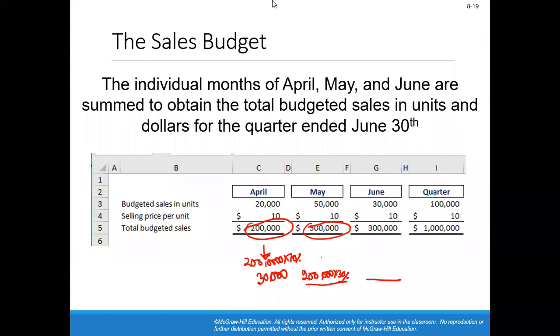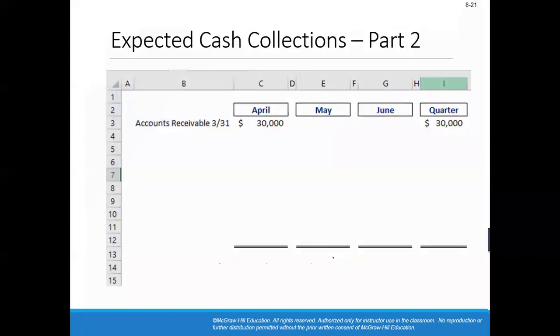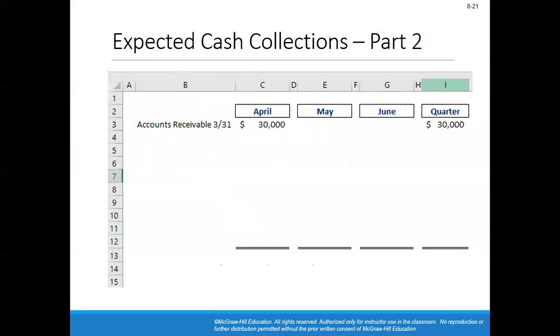That amount will be 70% or 350,000. Okay, you have given this number, so let me write here 350,000.